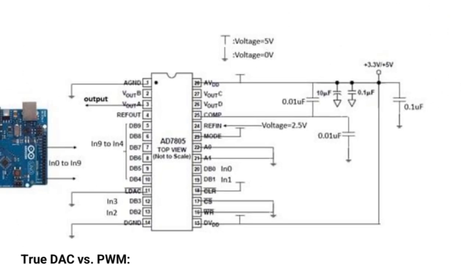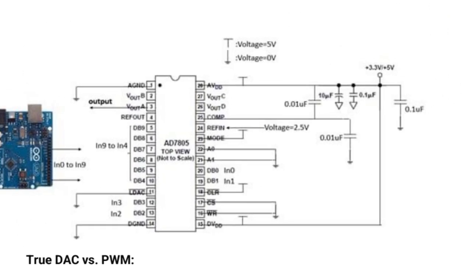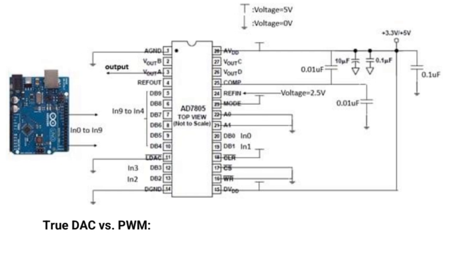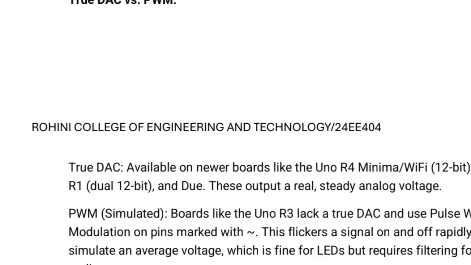This is the circuit for the digital to analog converter. The digital to analog converter can be called by two names: pulse width modulation, or PWM, and true DAC. Whatever process we did, everything is reversed on this side, so the digital values are converted into analog values.